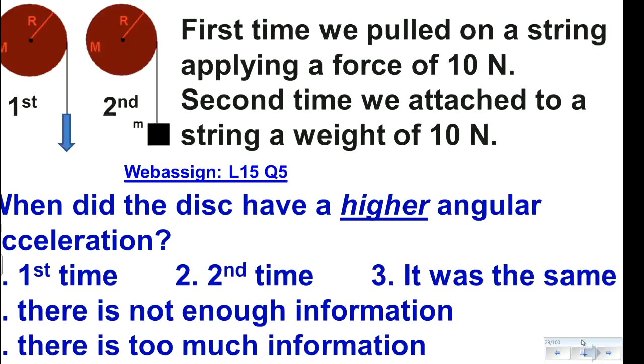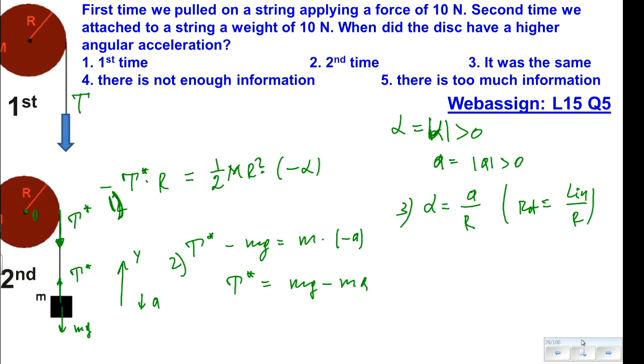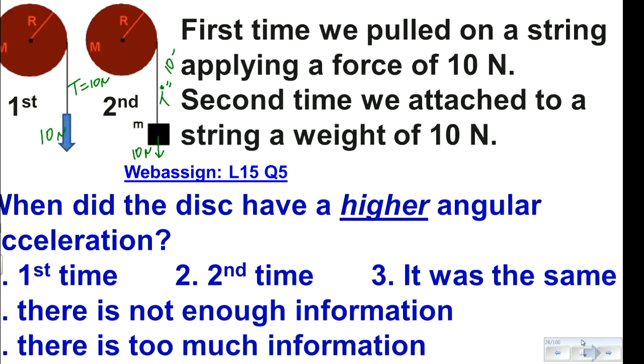So in this question, see what we did. First, we applied a force of 10 newtons. Then we attached a weight of 10 newtons. Okay? This tension was equal to 10 newtons. But this tension, the new one, should be equal to mg minus ma, which is 10 minus ma.